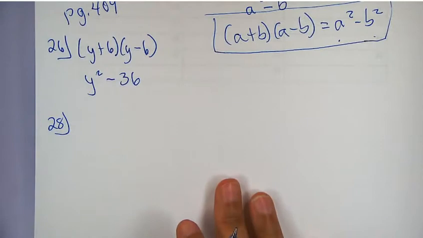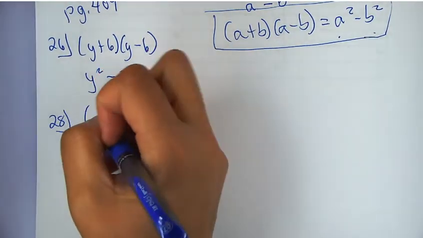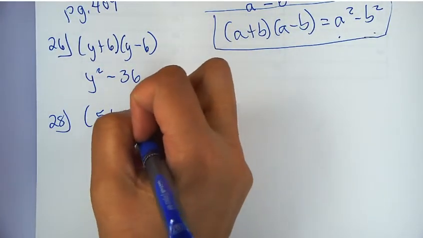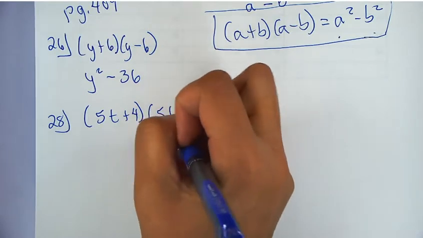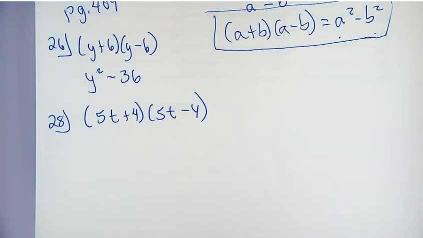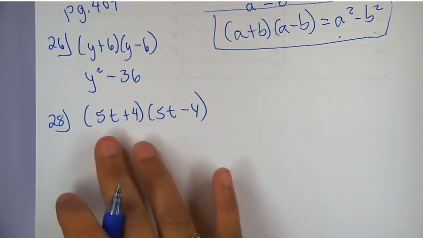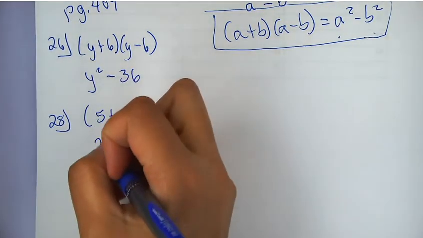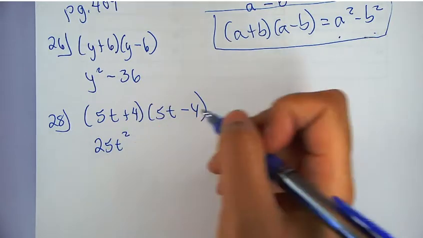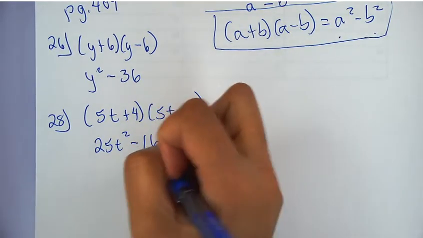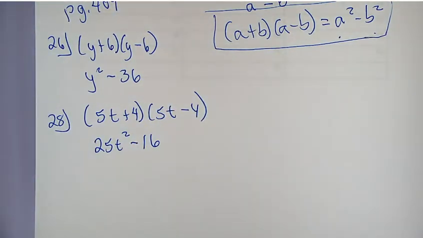It is 5t plus 4 times 5t minus 4. Well, it's the first one squared, which is 25t squared, minus the second one squared, which is minus 16. And guess what? That's it.